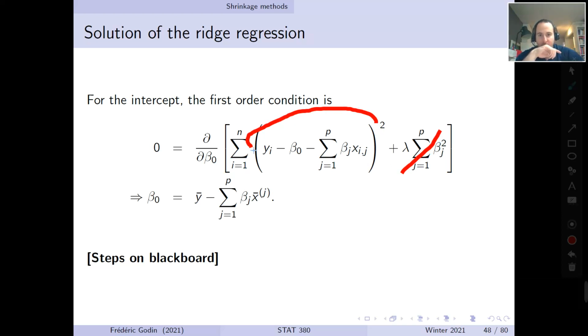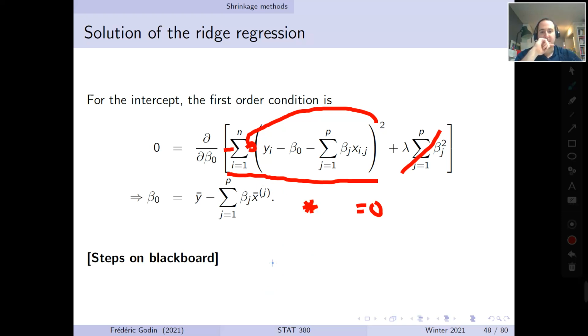Then the 2 goes in front. The derivative of the interior with respect to beta 0 is a minus, so you can put a minus sign here, and we obtain that this quantity here must be equal to 0. I'll call it quantity star.